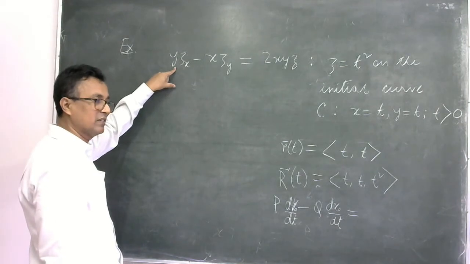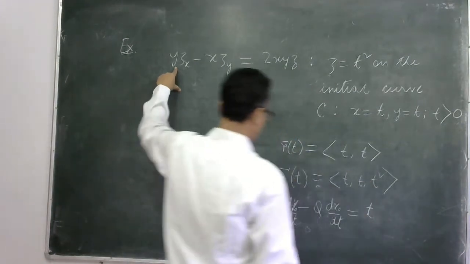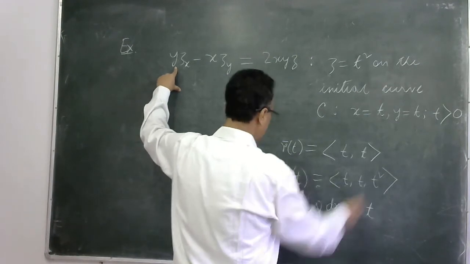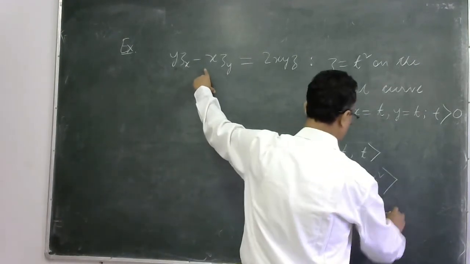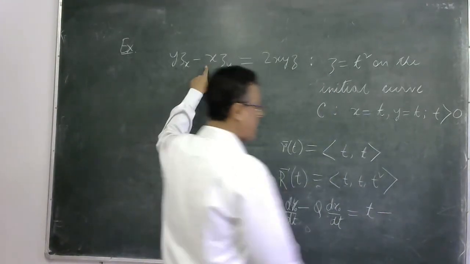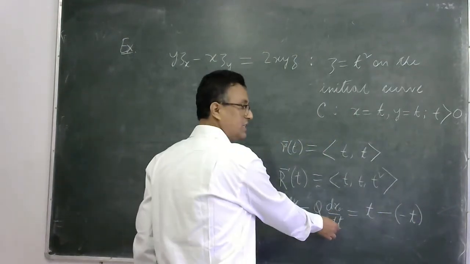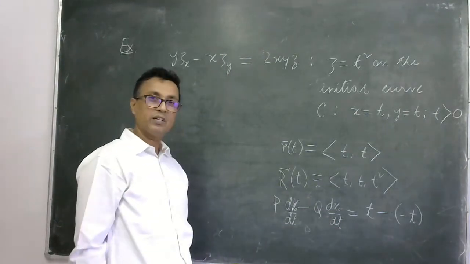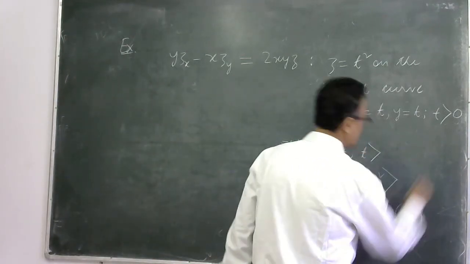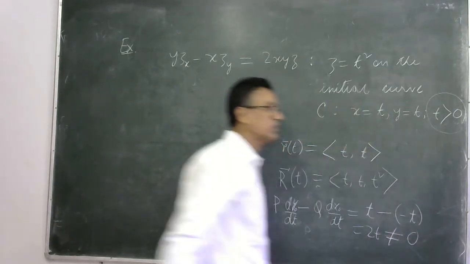P is y, and y is t, and dy/dt is 1. And then q is minus x, so that is minus t, and dx/dt is also 1. So this is 2t, and since t is greater than 0, this is not equal to 0. So that condition is satisfied.